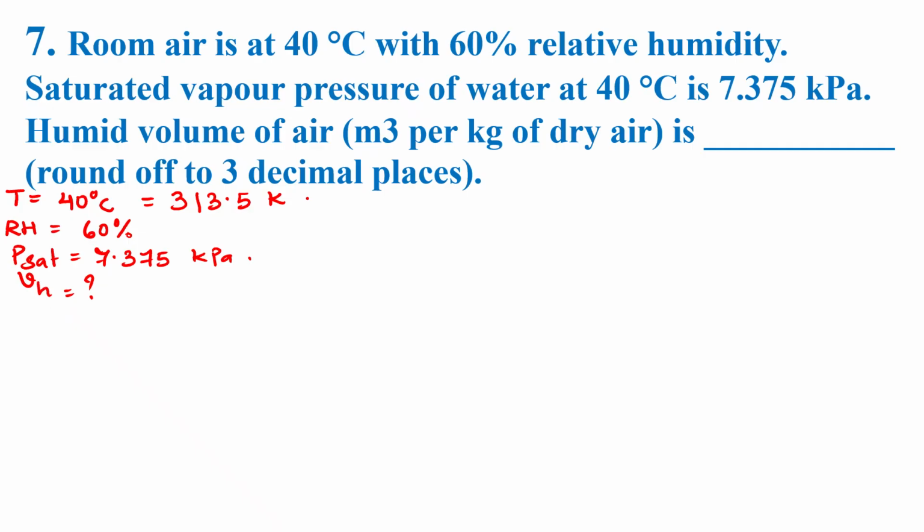So percent relative humidity, we know that it is PW by Psat. Value of Psat we know, relative humidity value we know, so PW is equal to 60%, or we will write 0.60 into Psat.